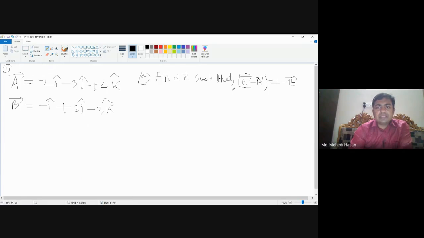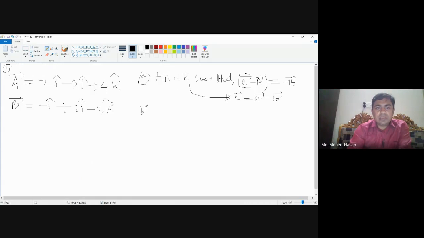So from this you can easily find out the remaining third vector c, because in a previous discussion class I discussed how we can find out the relationship between vectors. So c is equal to a minus b. Then the answer is basically 2 plus 1 is 3i minus 5j plus 7k. So this is the first question.